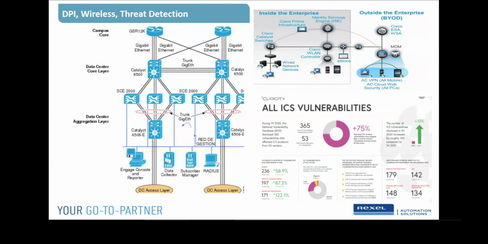Wireless, deep packet inspection, and continuous threat detection software services are all available and reviewed after the initial assessments, determining what deeper dives are required based on your specific project and the assessment results. And we're here to support you through that, through a wide offering of manufacturing partners, right?